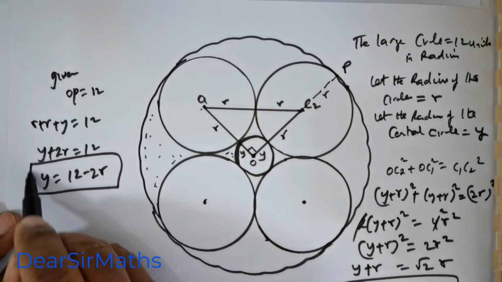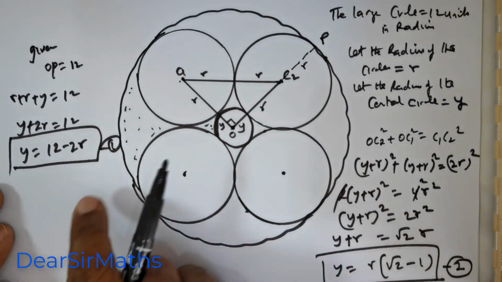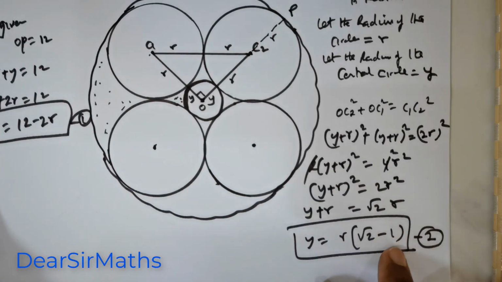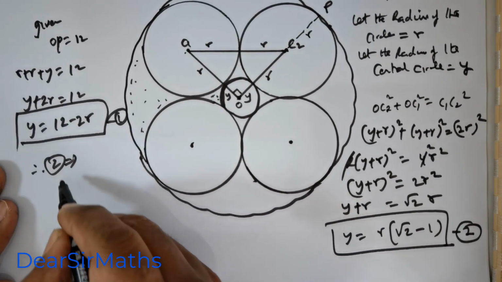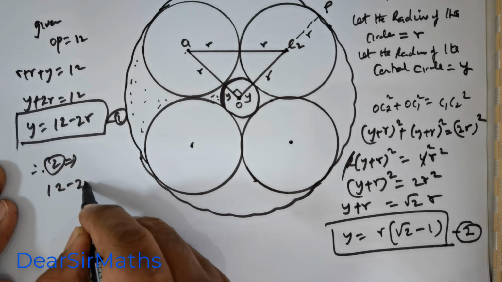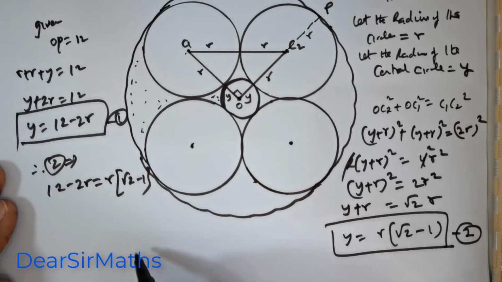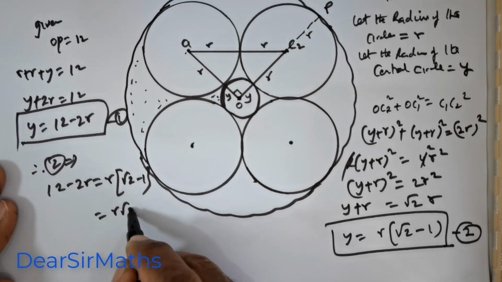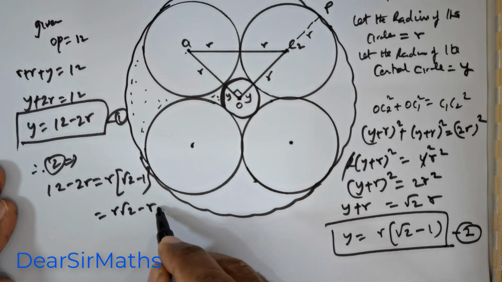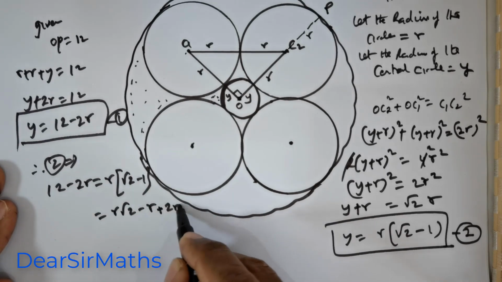Take this as 1, right, because it's given in the question. Take this 1 and substitute it here. So therefore I can rewrite 2 as 12 minus 2r is equal to r times (root 2 minus 1). This can be rewritten as r times root 2 minus r. I move this 2r to the other side, it becomes positive 2r.